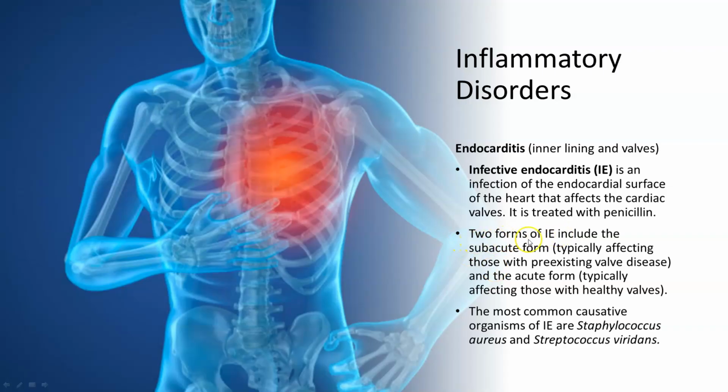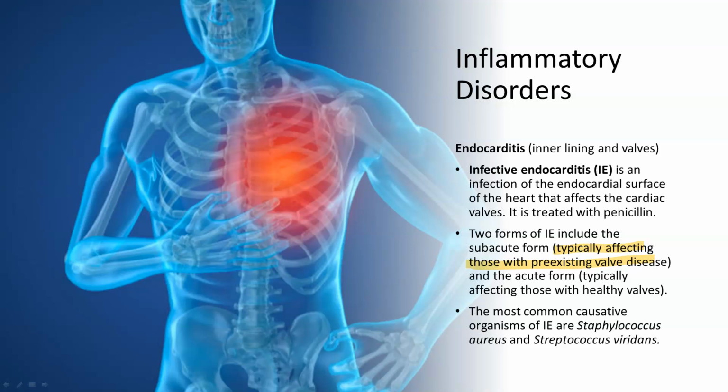Two forms. I don't care that you're really aware of a subacute or an acute form, because generally speaking we don't see that as documented with our client's history. Just know that if you already have a pre-existing valvular heart disease, we do have that chance that bacteria is going to get stuck there because of the structural changes, such as any calcification, and that bacteria is going to proliferate to make that inflammatory disease process.